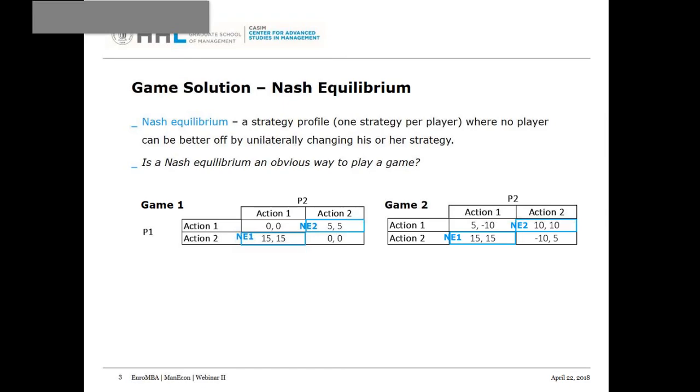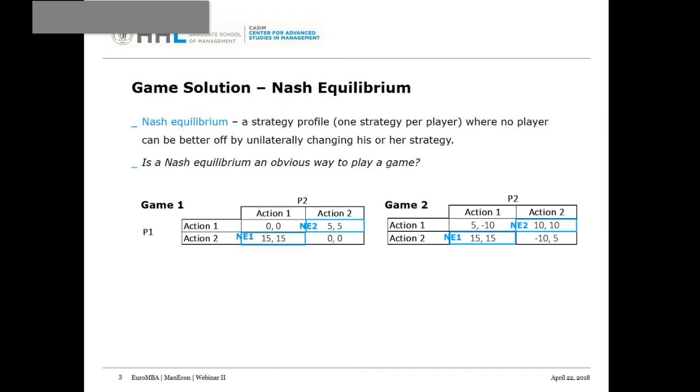Now, if it was obvious to play 15-15, it's probably not anymore, because clearly, if you are player 1 and you think that player 2 might go for his secure strategy and play action 2, you would probably think of playing action 1 instead of action 2, right?